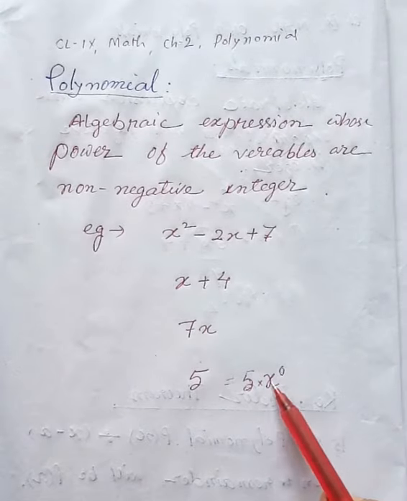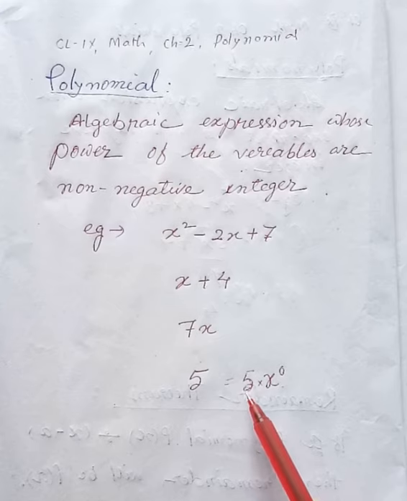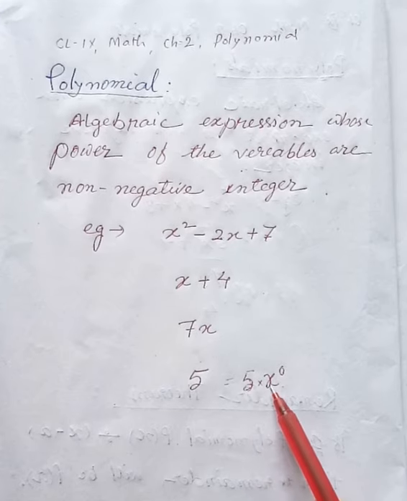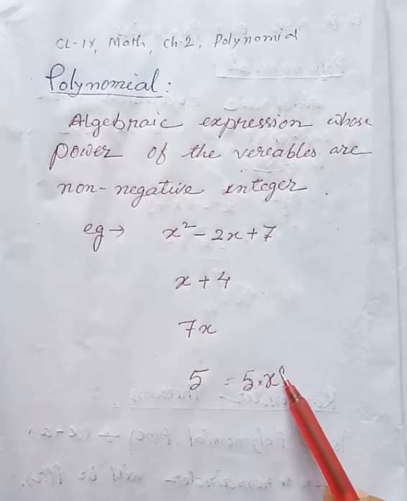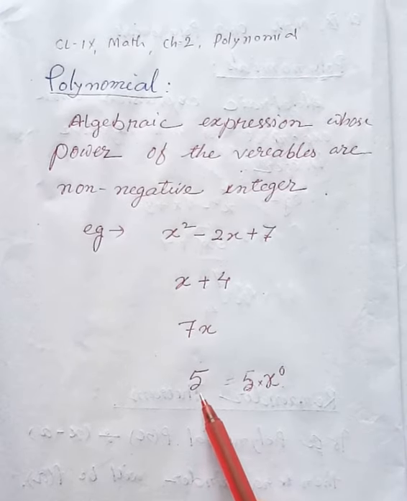We know x to the power 0 equals 1, and 1 into 5 is 5. So 5 can be rewritten as 5 into x to the power 0. And the power of this variable is non-negative; 0 is not a negative integer. So just 5 can also be considered a polynomial.